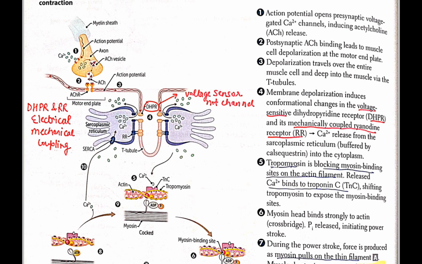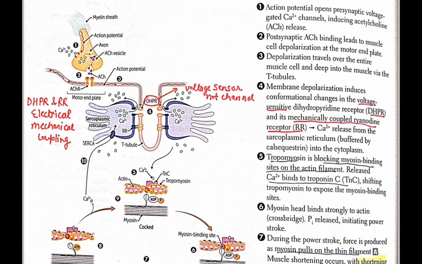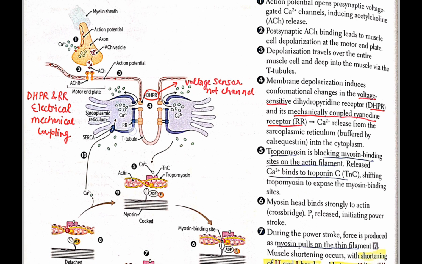At the T tubules we have the dihydropyridine receptor, and it is just a voltage sensor. It is not a voltage gated channel, it is just a voltage sensor, and mechanically coupled to it is the ryanodine receptor. So there is electrical and mechanical coupling between the dihydropyridine and the ryanodine receptor.